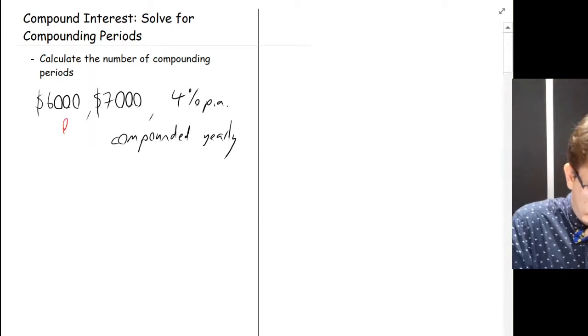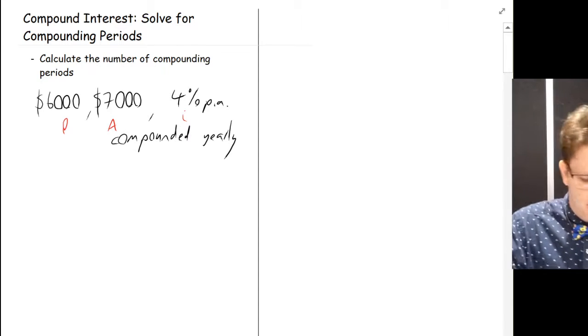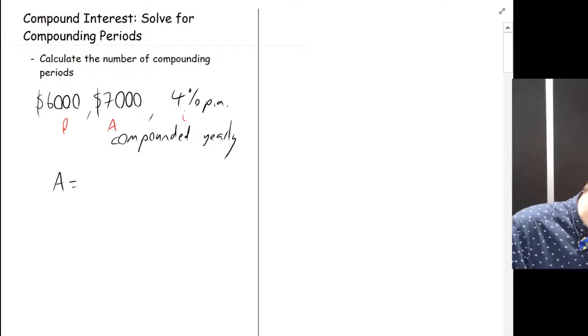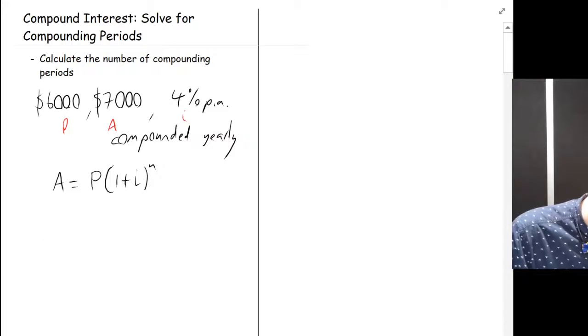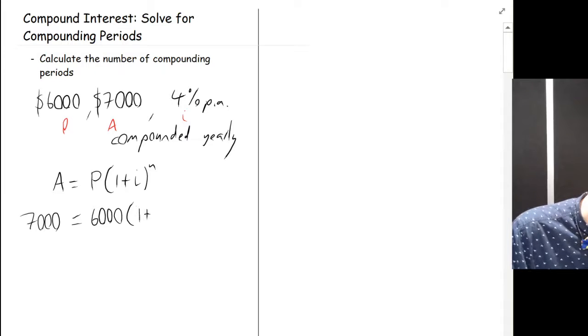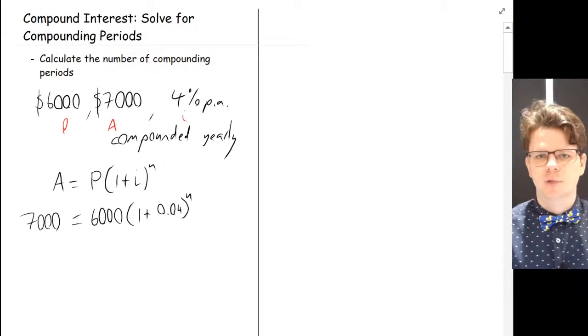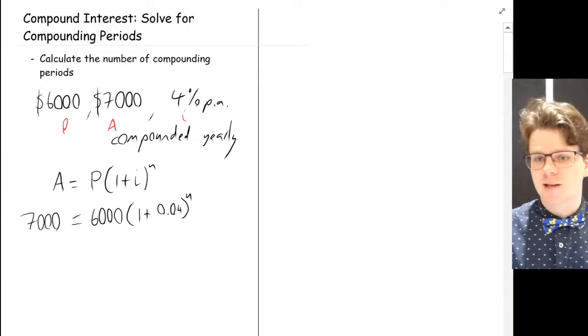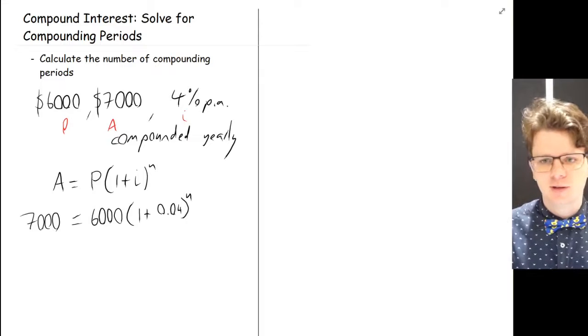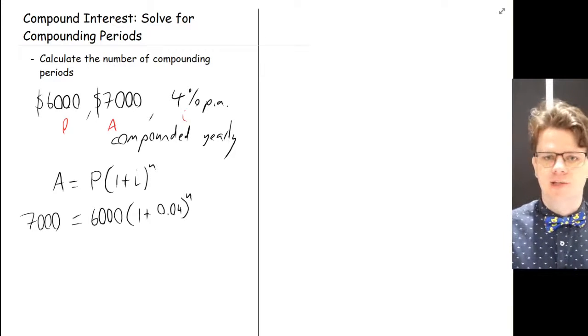Well, let's start off the same as we always do. Label our variables, substitute into the formula. So what I have on the right-hand side is 6,000 times 1 plus 0.04 to the power of n equals $7,000.